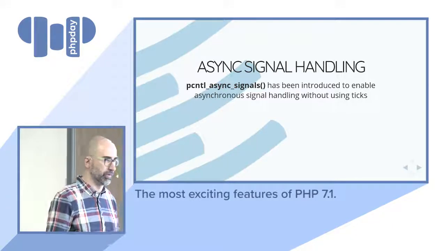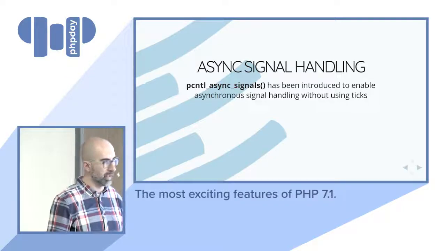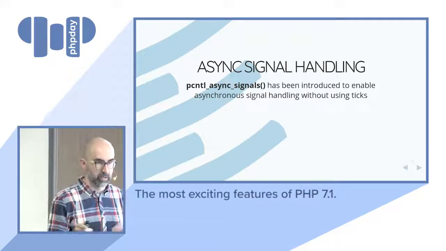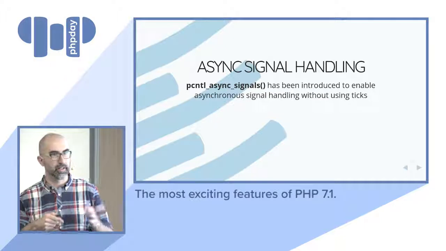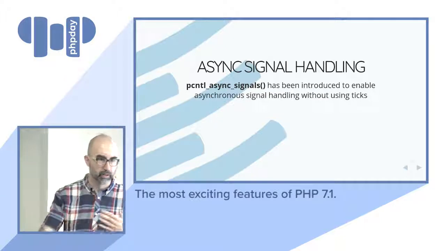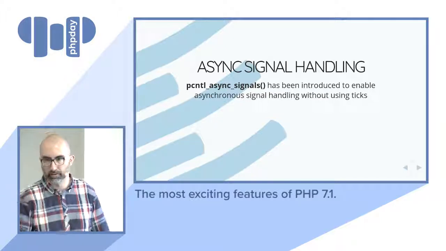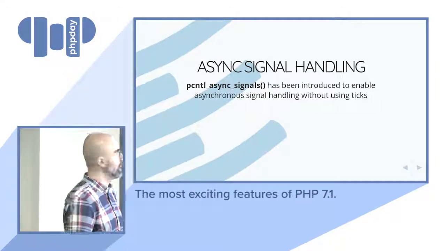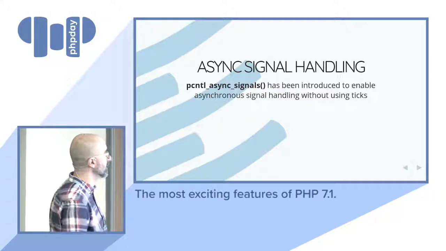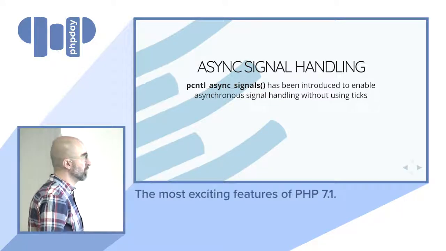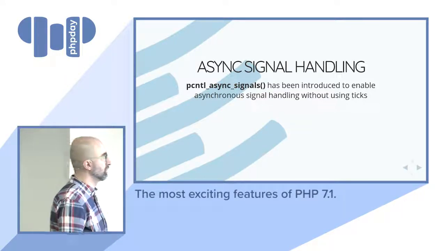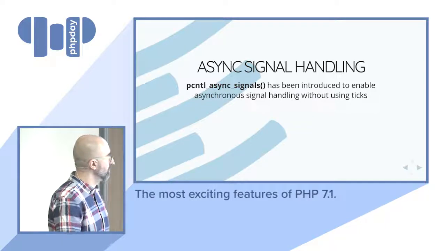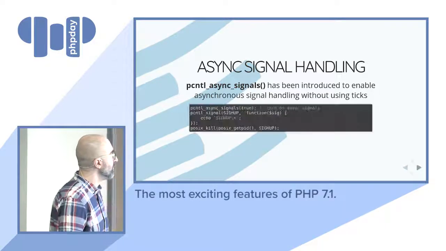Or if you want to do it asynchronously, you can compile using declare ticks equal 1. This is another way to manage the asynchronous process. Now we have a special function, async signals, that gives you the possibility to really manage the execution of a process asynchronously.